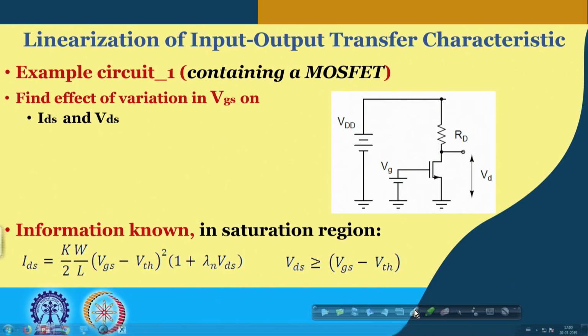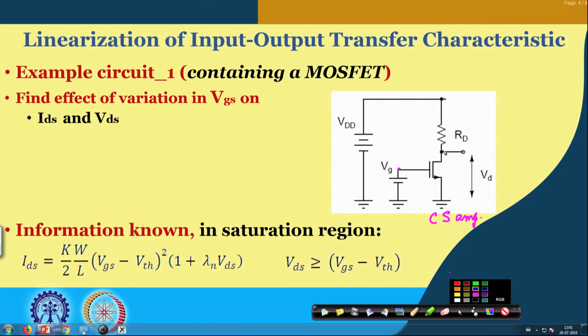So, to come to the example, here we have the running example. Here we have the common source amplifier, and at the gate we have the voltage we are applying, and at the drain we are applying the supply voltage through R d.